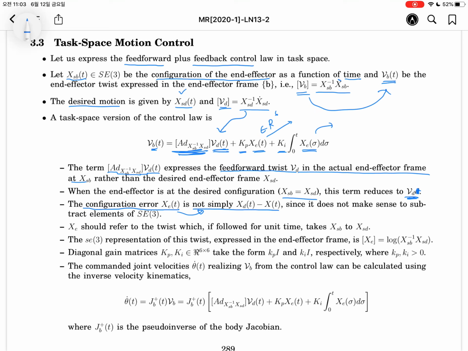So it does not mean the simple subtraction between XD and X. XE should refer to the twist, which for unit time takes the X to the XSD. So the XSB inverse XSD and the log transform will provide the 4x4 matrix form of XE.